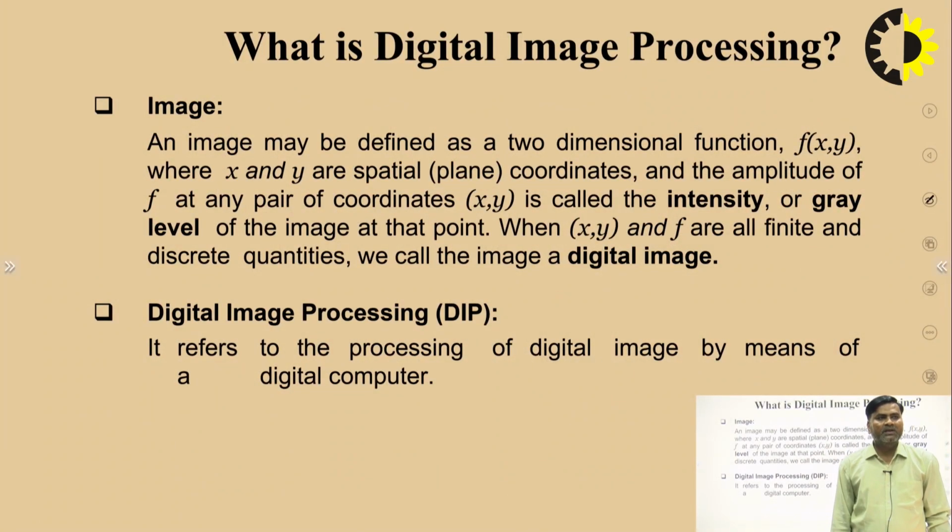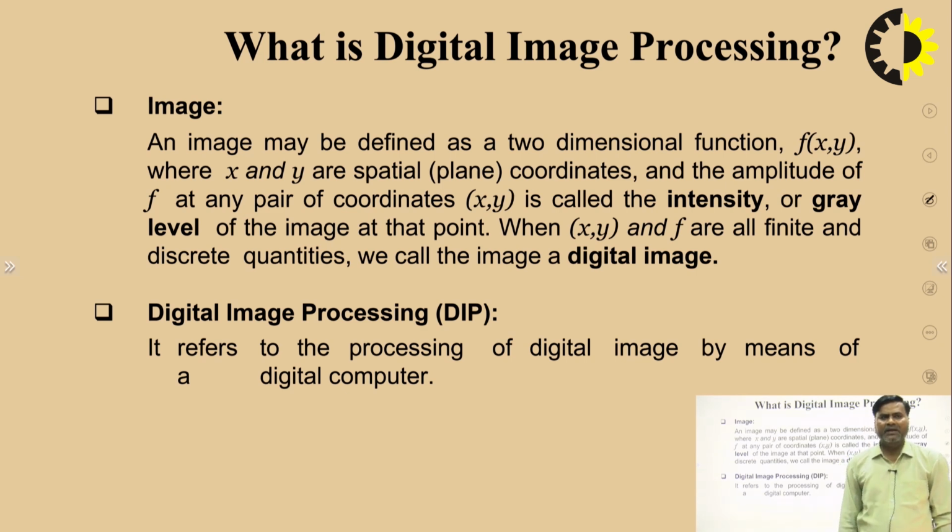An image may be defined as a two-dimensional function f(x,y), where x and y are spatial plane coordinates, and the amplitude of f at any pair of coordinates (x,y) is called the gray level or the intensity level at that point.